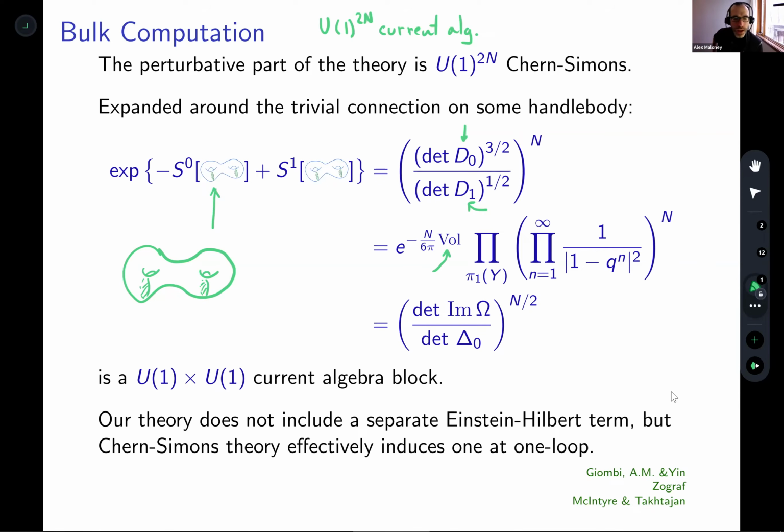Okay. And then there's something that involves the geometry of the three-dimensional bulk, but it involves it in a very simple way. And in particular, you can write the answer in terms of the determinant of the Laplacian in 2D. So this is the determinant of the Laplacian on the boundary.